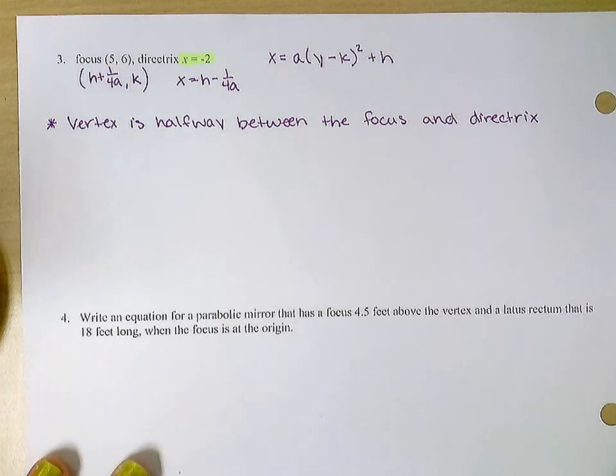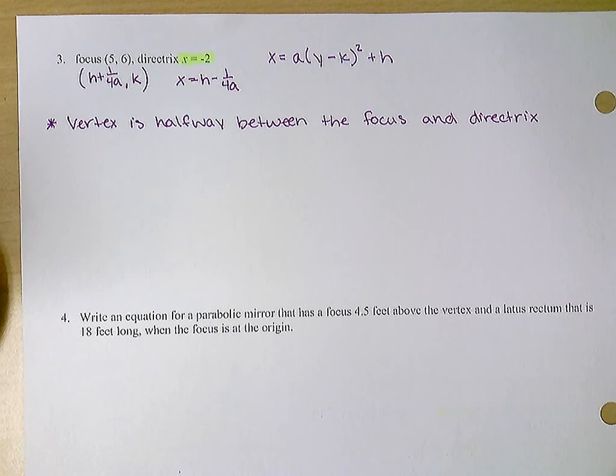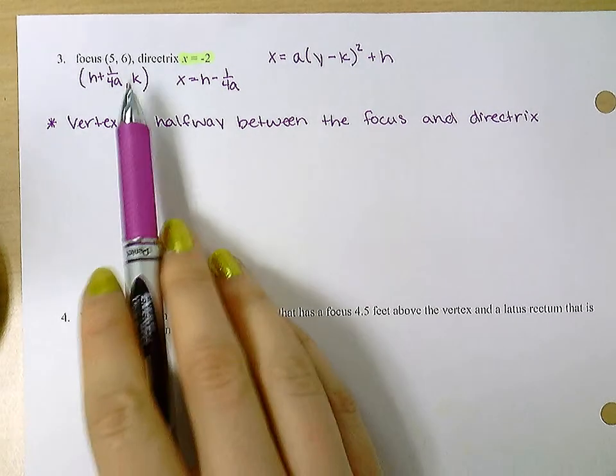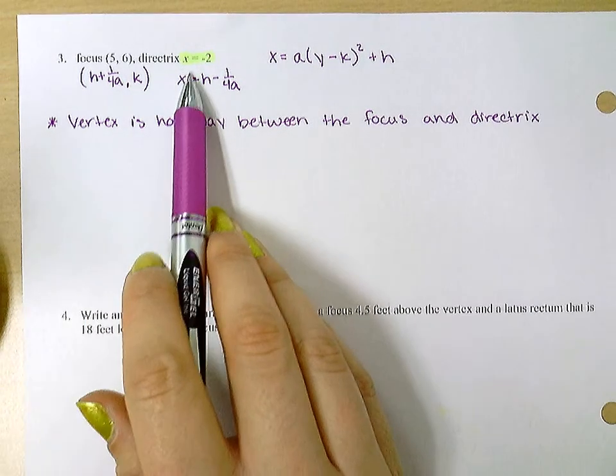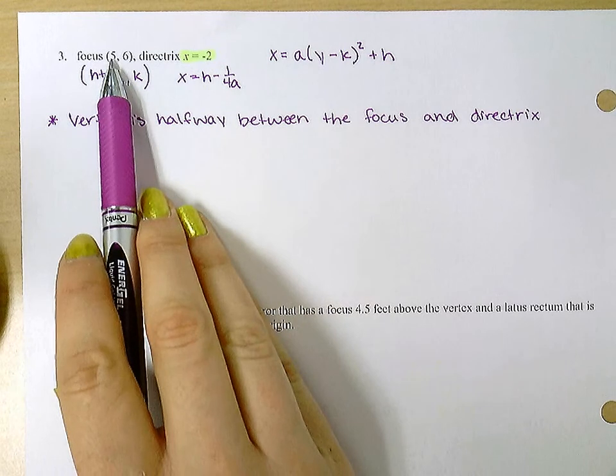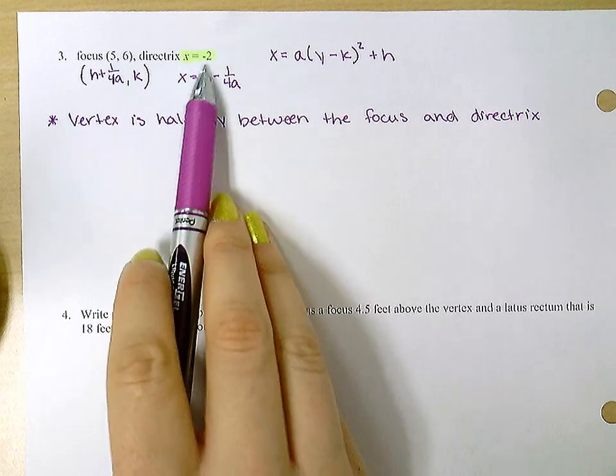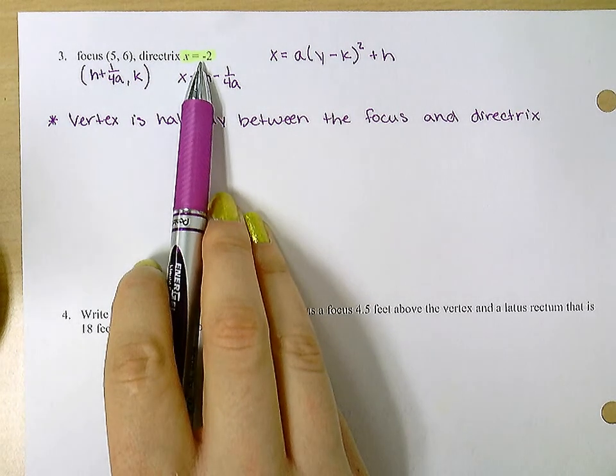Okay, your vertex is halfway between the focus and the directrix. So we can find that middle point between the two. Well, since I already have k and my directrix is in x equals form, we need to average our x values between the two.